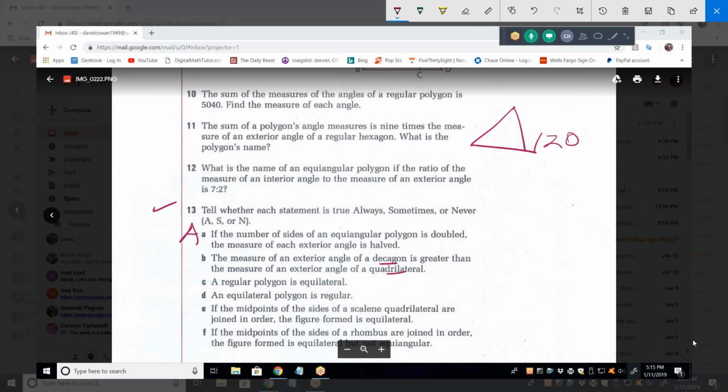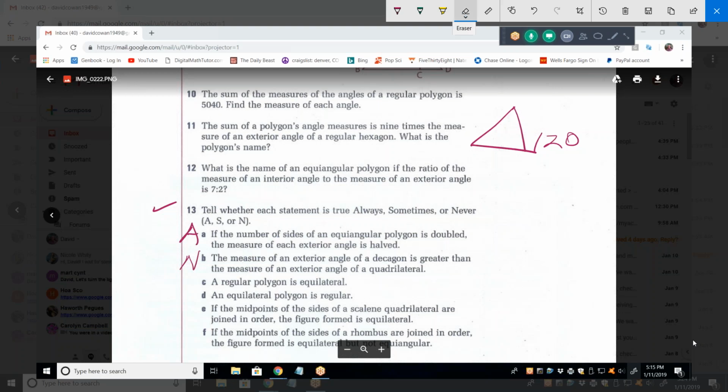Therefore, the measure of the exterior angle is never greater. So that's never. And we didn't even need to know much other than which figure, a decagon or a quadrilateral, has more sides. And so we don't really need to know how many sides a decagon has. We just need to know that it's more than a quadrilateral.